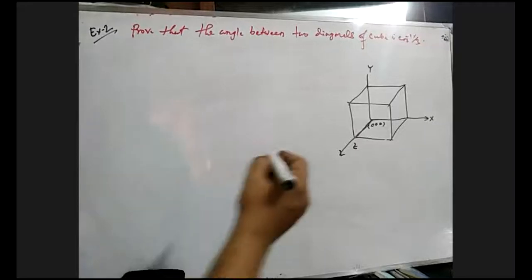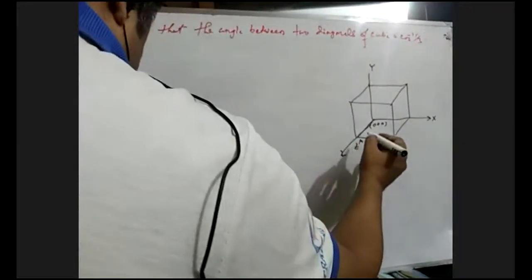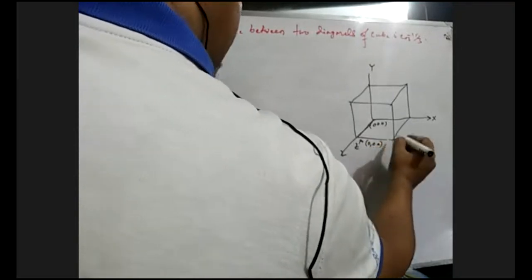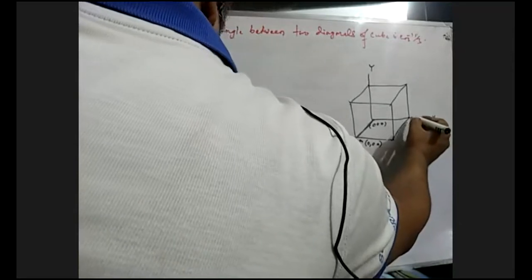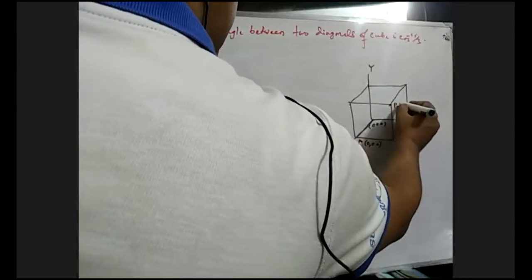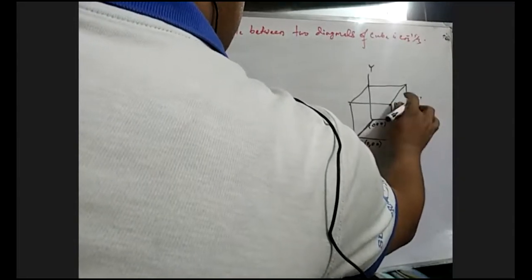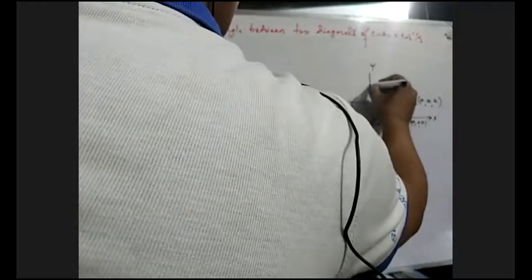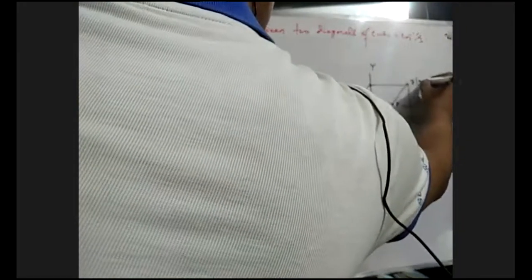This is the A point, 0, 0, A, and this is the P point. P point means A, A, A. This is the x-axis, and this is the B point, A, A, 0.